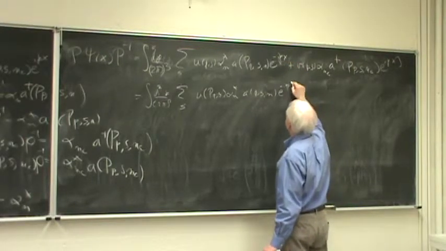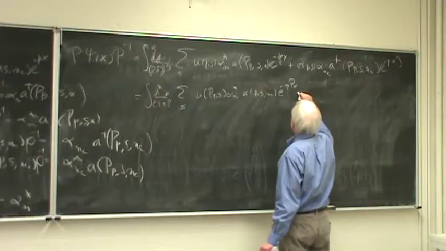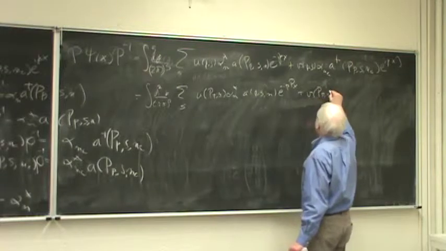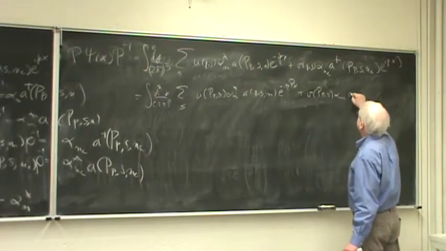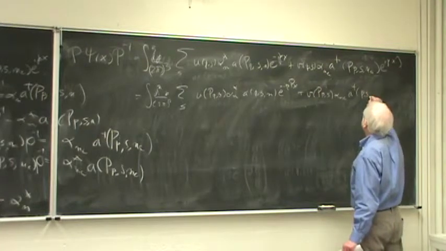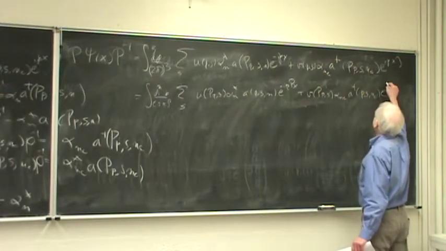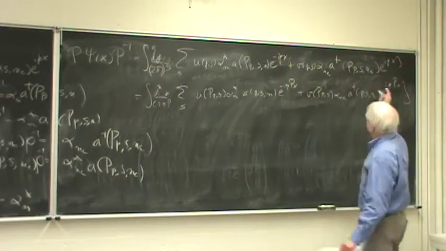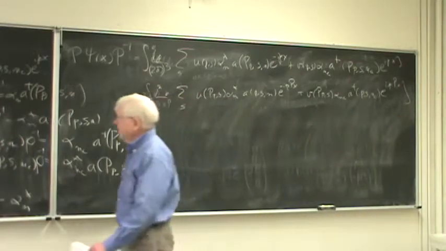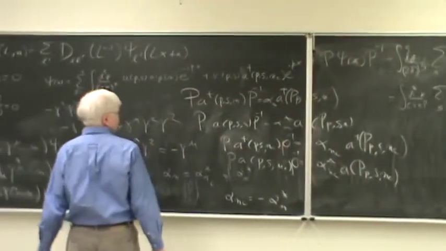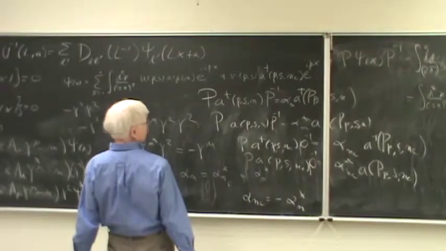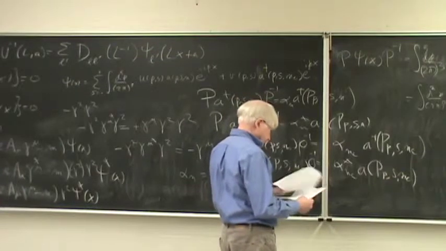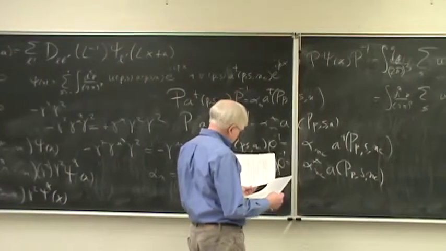So this is e to the minus i p reflected x, plus v of reflected p s alpha n^c, a dagger of p s n^c, e to the i p reflected x. Okay, so the reflected x that we have here is of course exactly what we want. We expect that, well, I didn't say it yet, did I? I somehow skipped that equation.